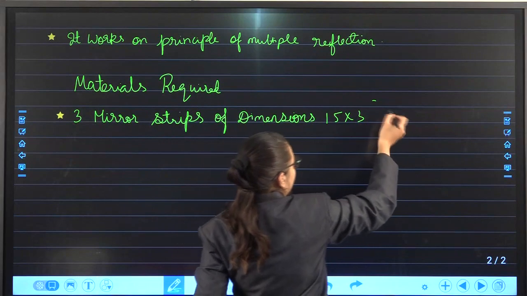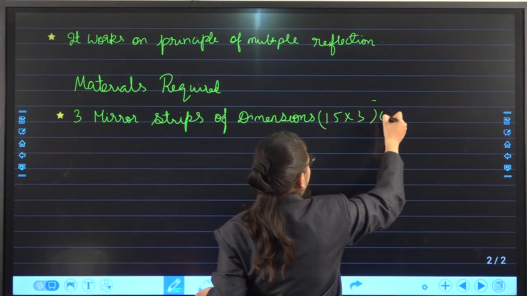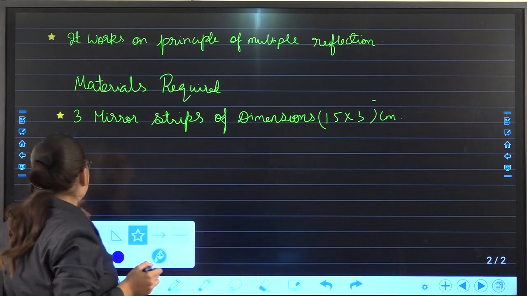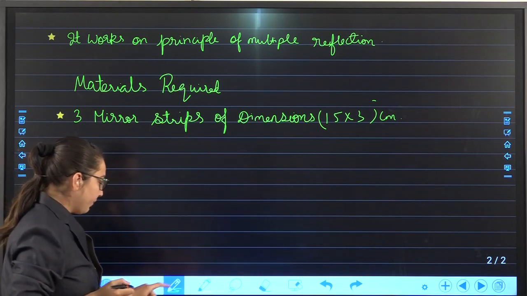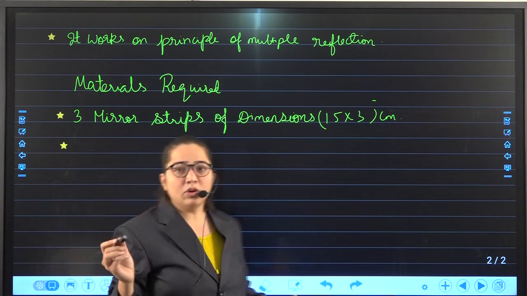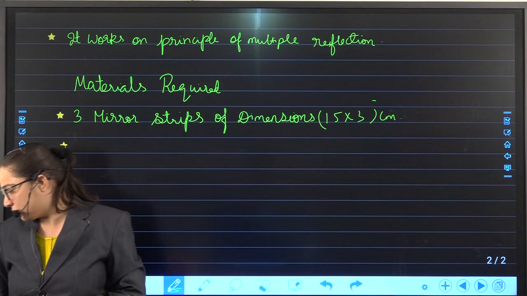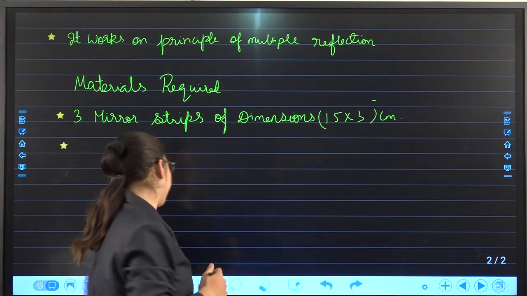Next we need two triangular strips of dimensions 3. Okay.